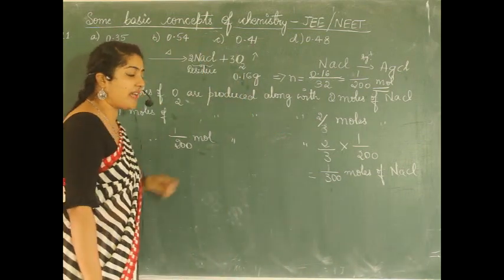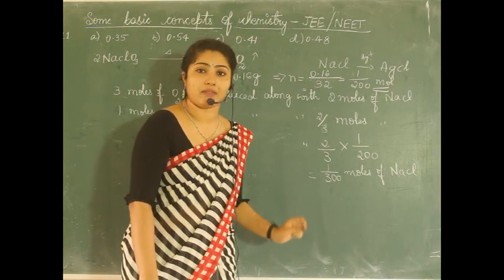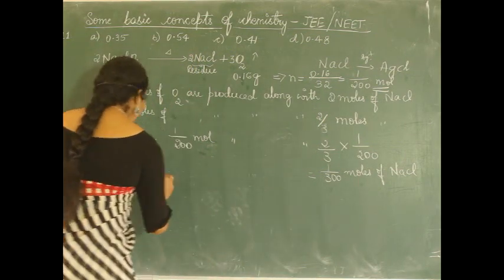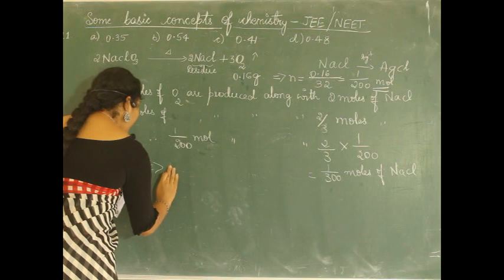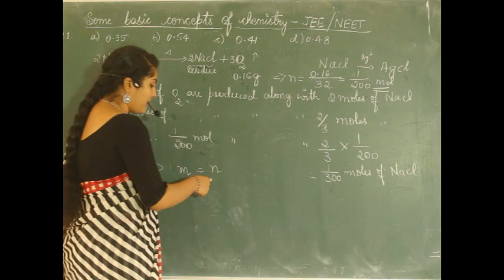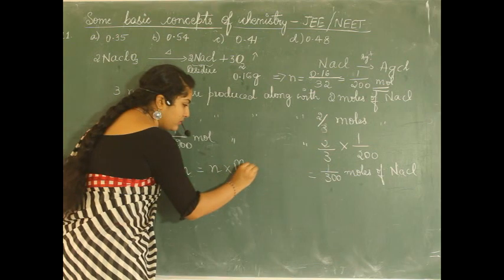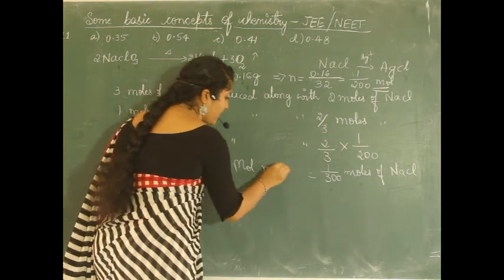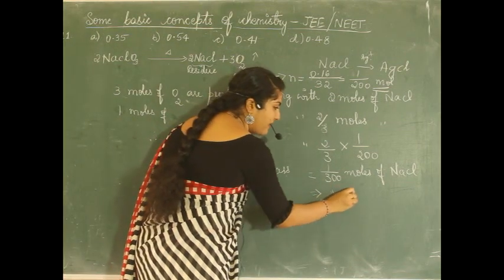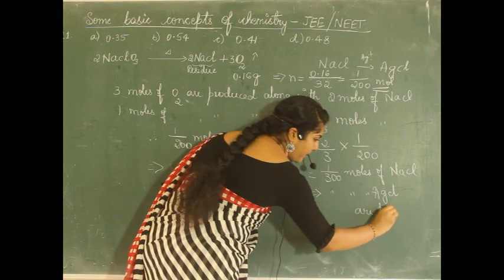But here in the question they have mentioned it's not in terms of moles, they want it in terms of gram. That means you will have to convert it into grams. How do you convert it into grams now? Number of moles is mass by molar mass, so mass is equal to n into molar mass. That implies 1 by 300 moles of AgCl are produced.